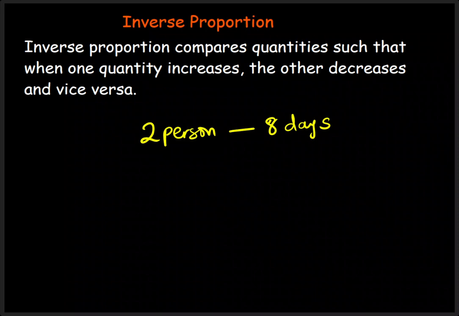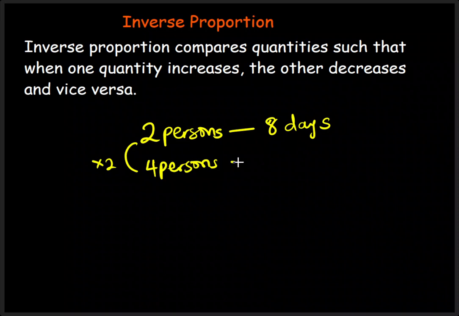Maybe they can sweep a floor or they can dig a pit in 8 days. Now, if we increase the number of persons to four persons, this was two, we've increased it. That's we've multiplied by two here to give us four persons.